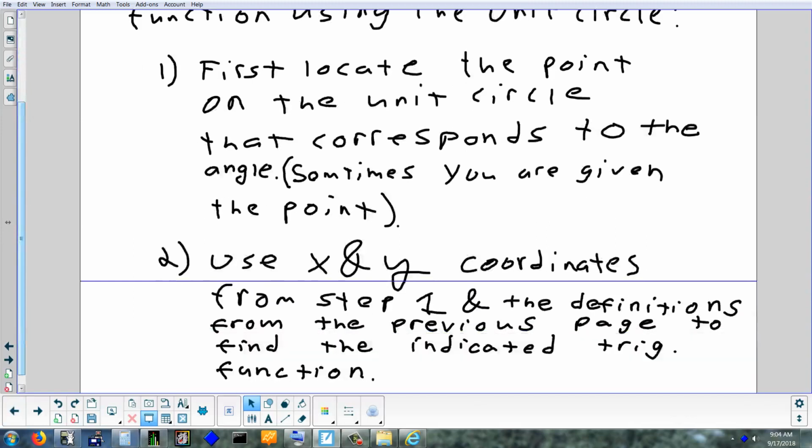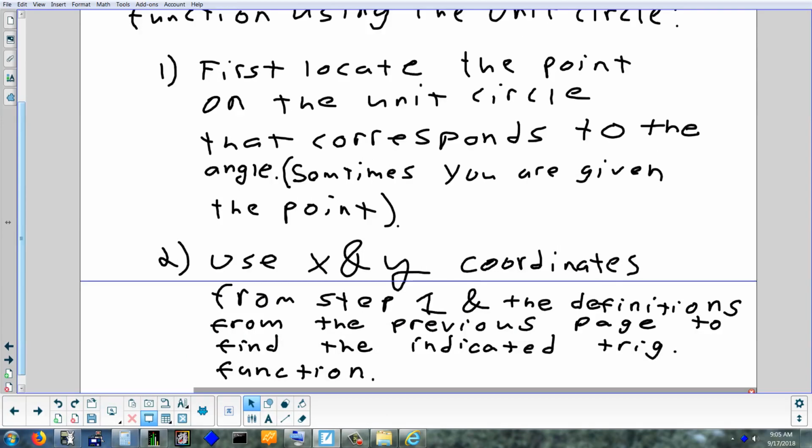And then the second step is basically plug in your point. Take the x and y value that you just got from step 1 and plug it into one of the 6 definitions we just went through. Now, if you're wondering, which one do I plug it into? There's 6 of them. Well, it depends on what the question asks for. If the question asks for sine, plug it into sine.